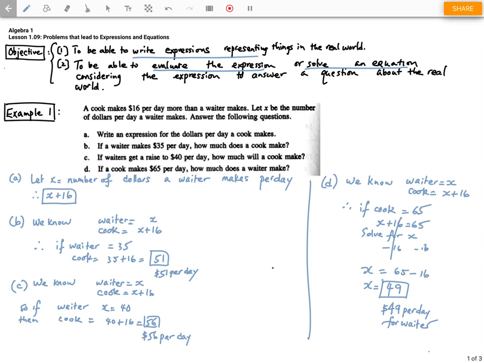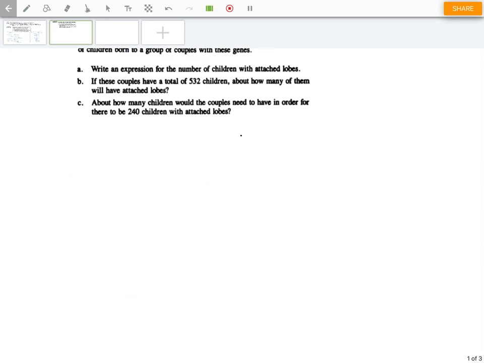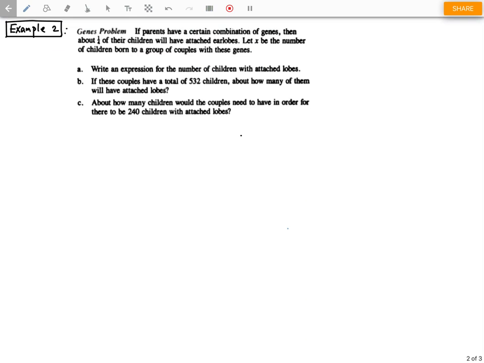Let's try example number 2. We have a genes problem. So this is an applied problem for biology, biological sciences.